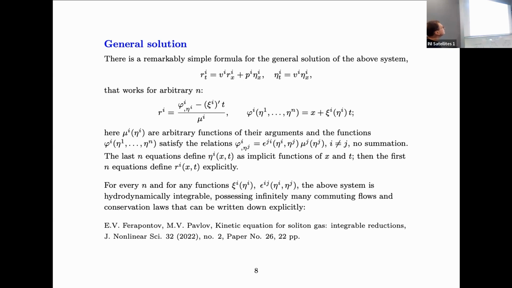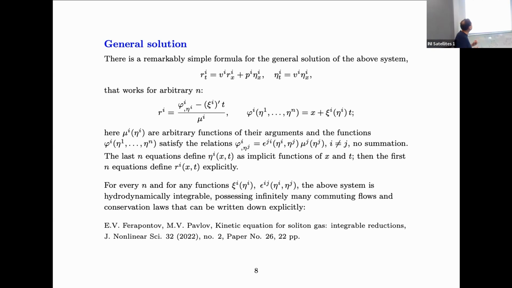I also claim that this system is hydrodynamically integrable. It means that it possesses infinitely many conservation laws and commuting flows depending on the right number of 2n arbitrary functions of one variable, and they can be written out explicitly. The problem is, as n grows, the formulas for commuting flows and conservation laws become more complicated, longer and longer.